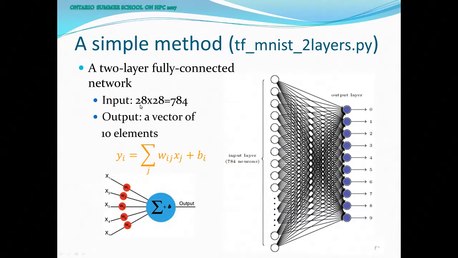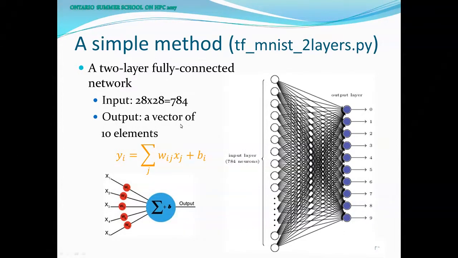Because our image size is 28 by 28, so we have 784 pixels. We vectorize the 2D array of the image as one long vector with a length of 784, and take it as the input for the neural network.